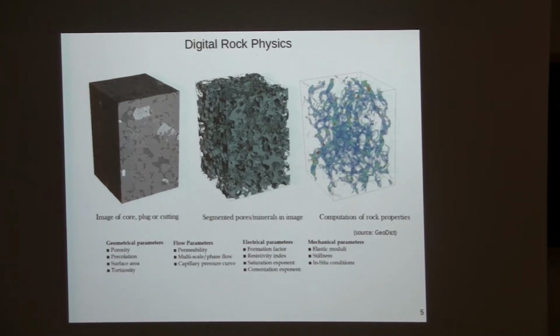For example, you can image a rock sample, segment the image into a solid phase and a fluid phase, and solve the flow. Here is an example of the flow. You volume average the flow, you invert Darcy's law, and you obtain the permeability.